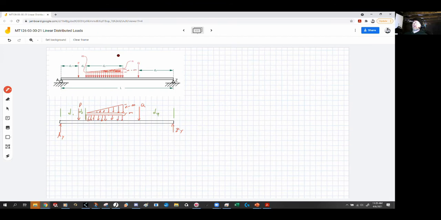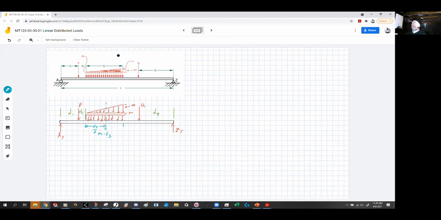So we take this uniformly distributed load here, and we do the usual, it's halfway over, so this kind of thing, and it is M times, in this case, D3, and the distance here is D3 over 2.